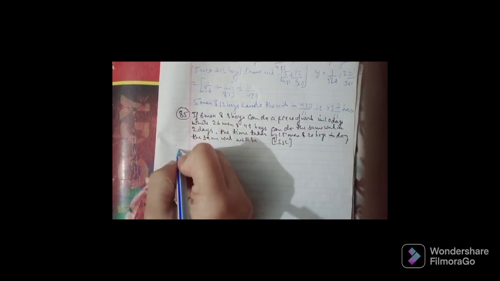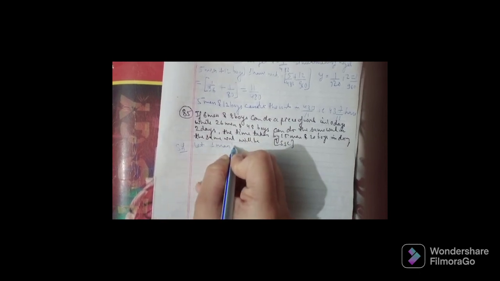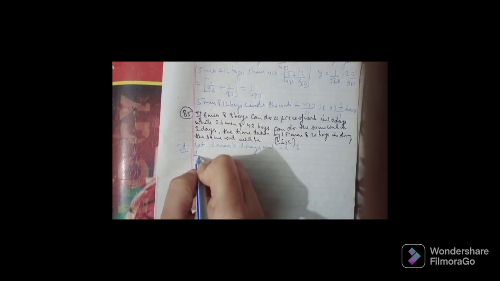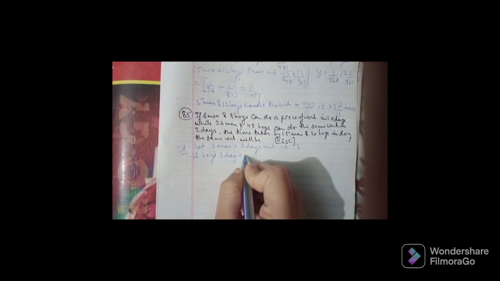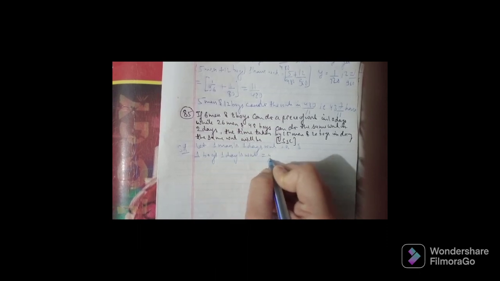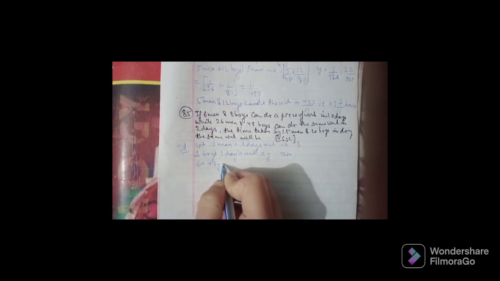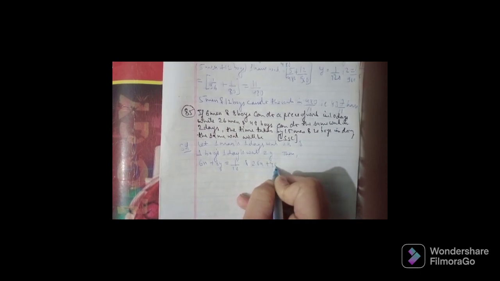Let one man's 1 day's work equal x, and one boy's 1 day's work equal y. Then 6x plus 8y equals 1 upon 10, and 26x plus 48y equals 1 by 2.